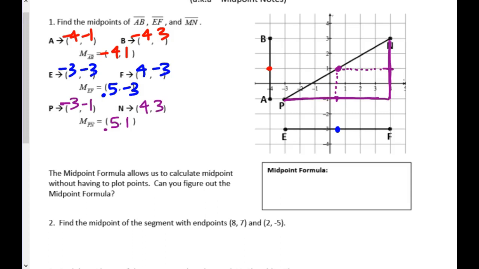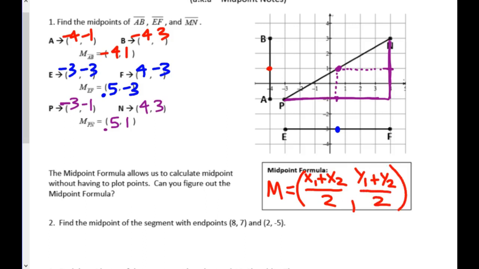So the midpoint formula is M equals, big parentheses, x1 plus x2 over 2, comma, y1 plus y2 over 2, parentheses. Everyone is writing that down. Okay, in that box off to the right. Writing down that midpoint formula.